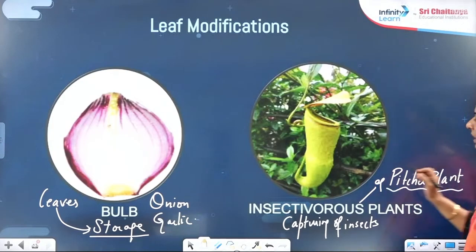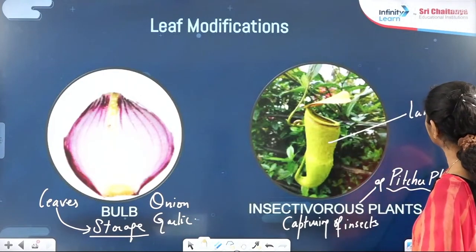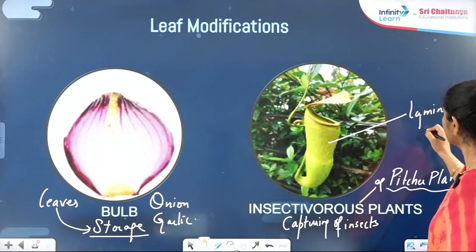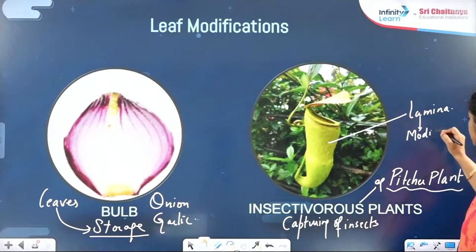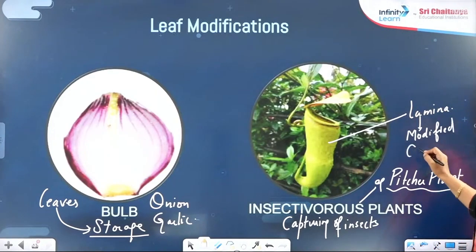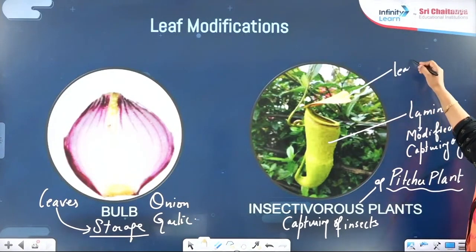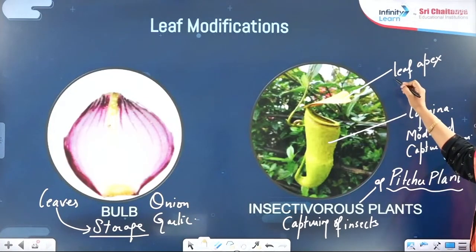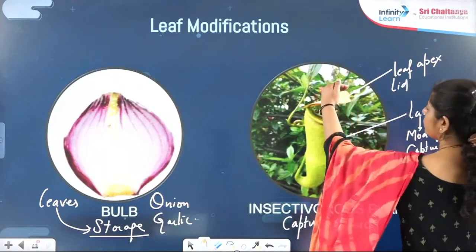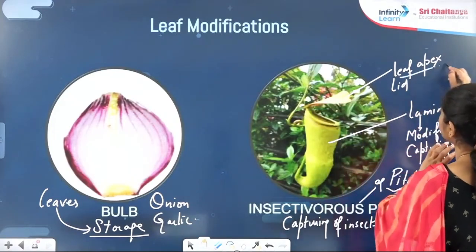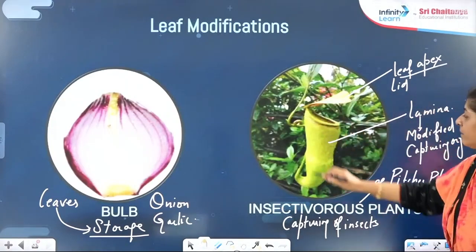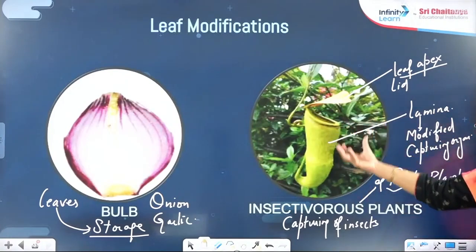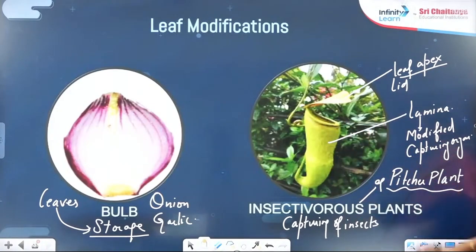In this pitcher plant, its lamina is modified into a capturing organ, whereas the leaf tip or the apex is converted into the lid. This lid is going to close. This lid is the modification of the leaf apex. Lamina is modified into this capturing organ, that is in pitcher plant, right?